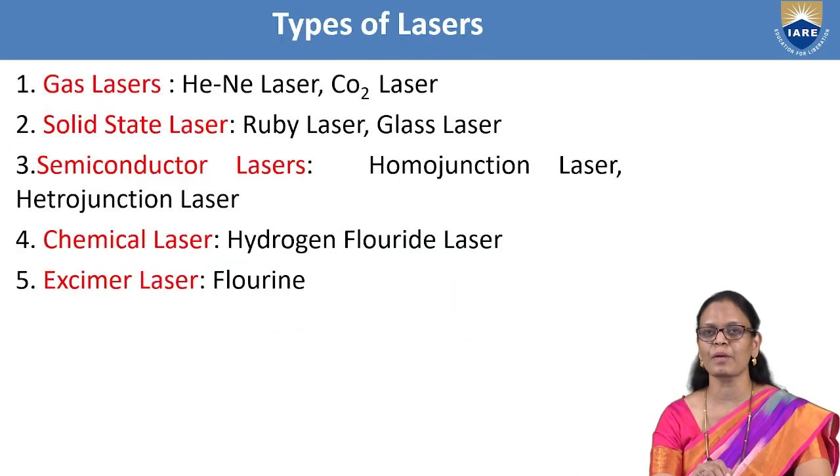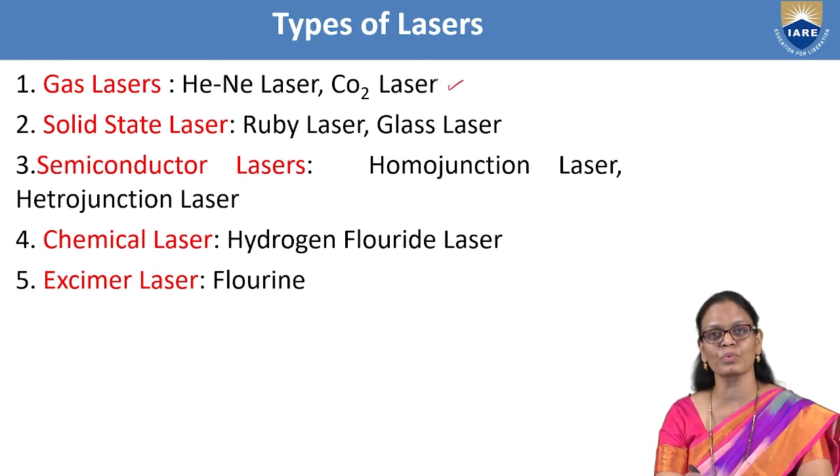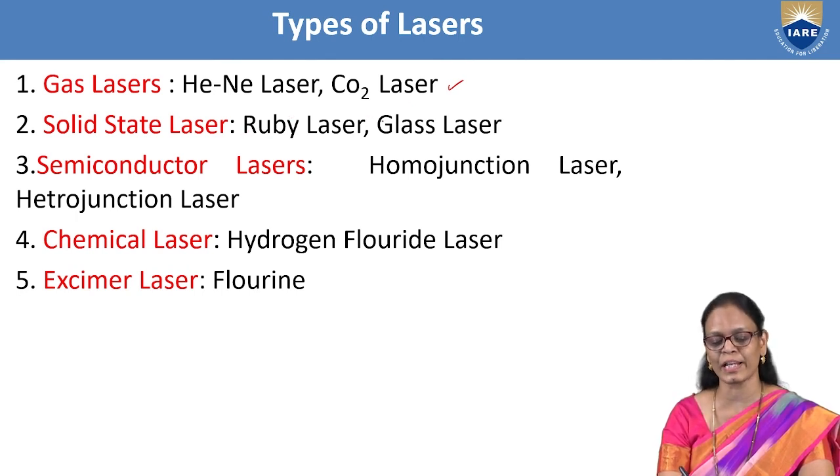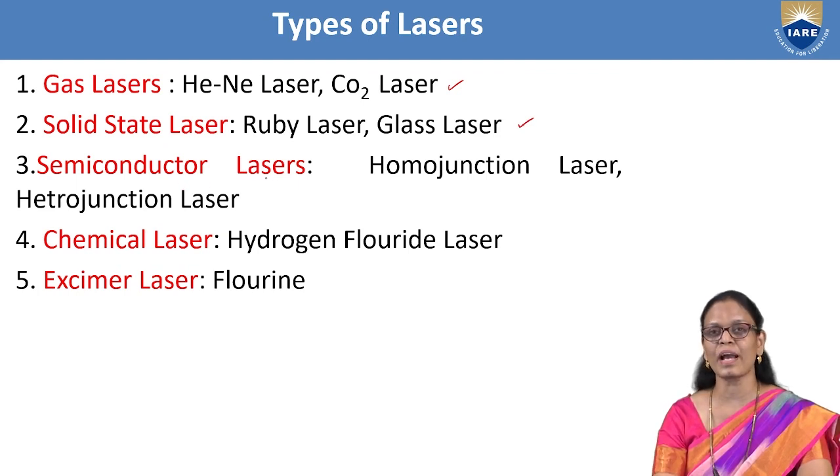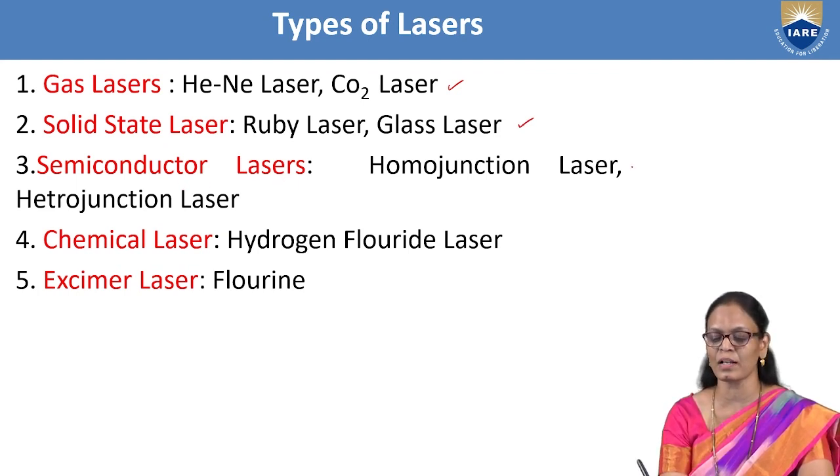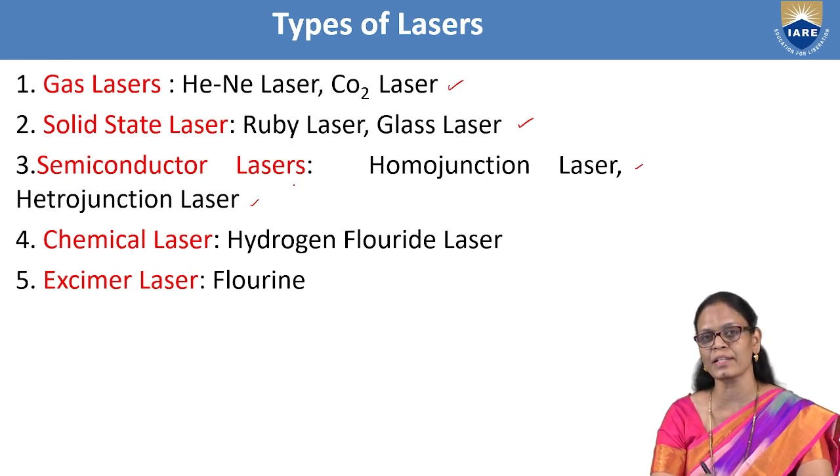Now, when you see the types of lasers, we have different types. Gas lasers we have, helium neon laser and CO2 laser. Then we have solid state laser, where examples are ruby laser and glass laser. And also we have semiconductor lasers, which are homojunction lasers and heterojunction lasers.